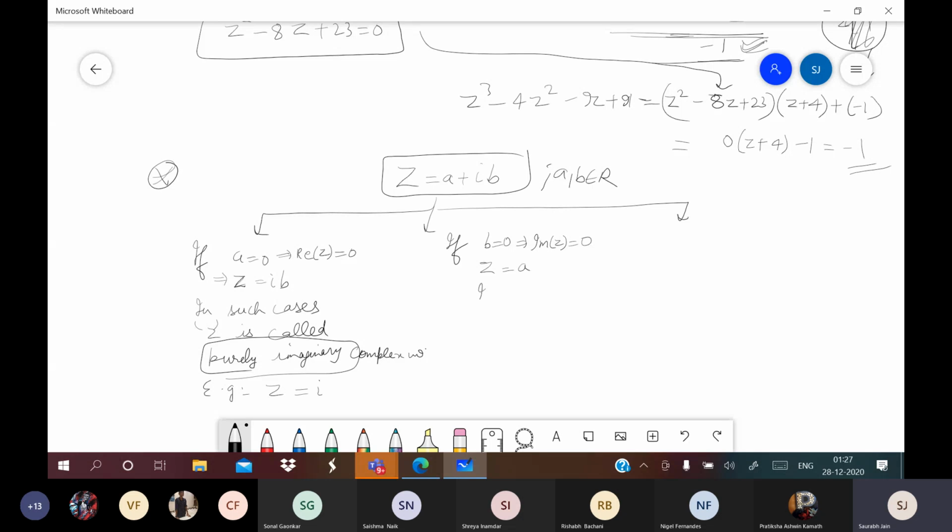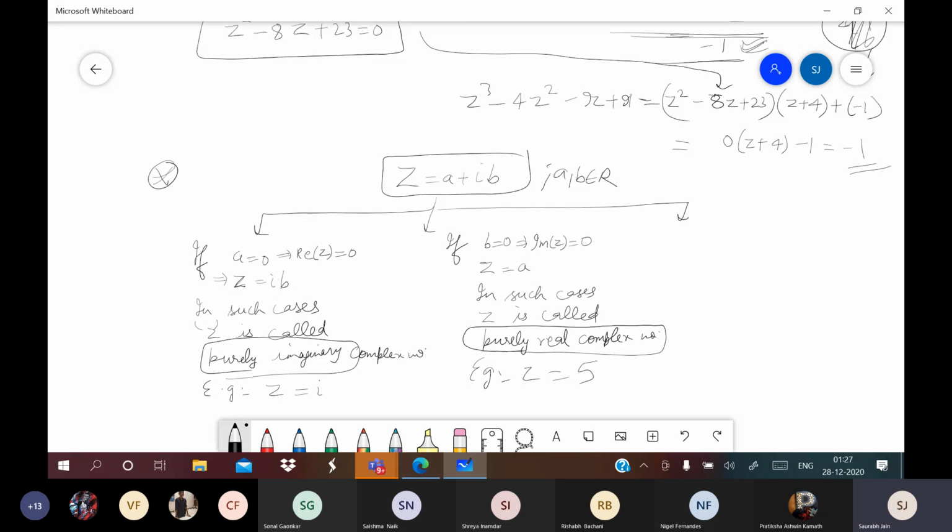So if z is a, in such cases z is called a purely real complex number, which we already studied till class 10th, like 1, 2, 3, 4, root 2 etc. They are real numbers, or we can say that they are purely real complex numbers. It is one and the same thing.